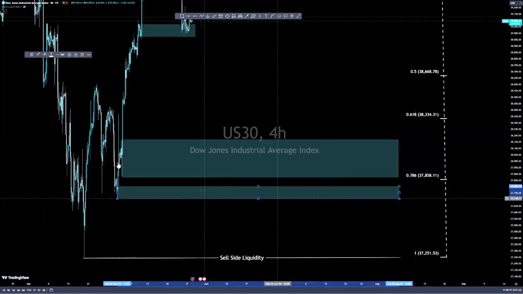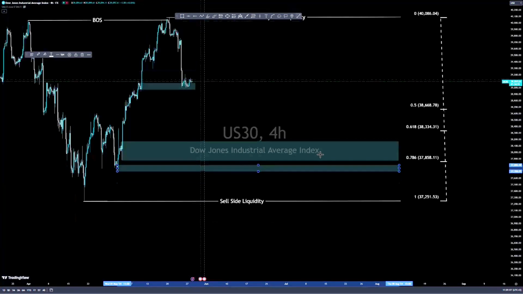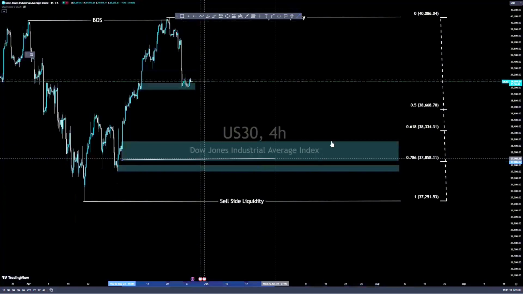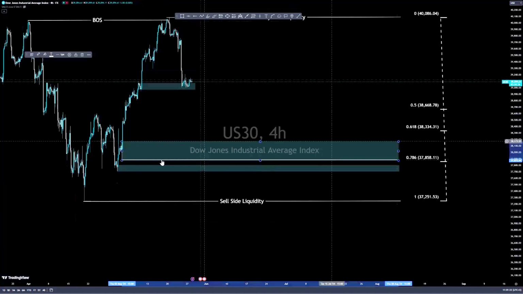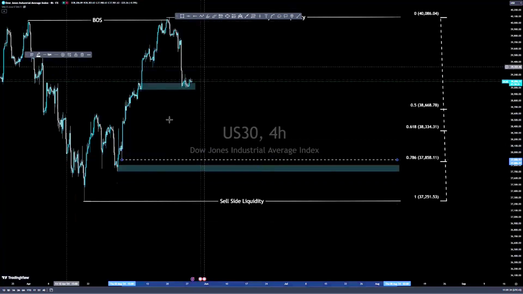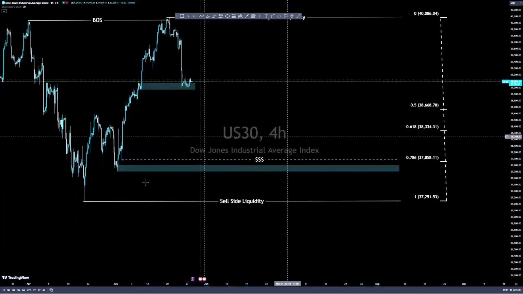Reason being this imbalance, making the zone where I marked this order block a very strong liquidity level, right? So if I move this here, you can say it's a strong liquidity level. Let's mark it properly.